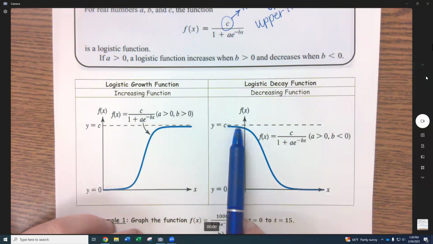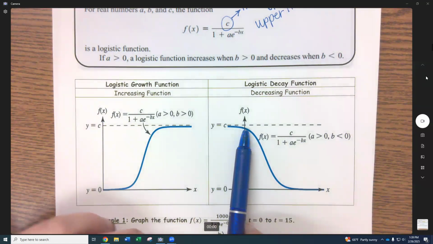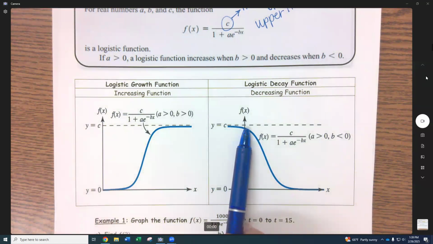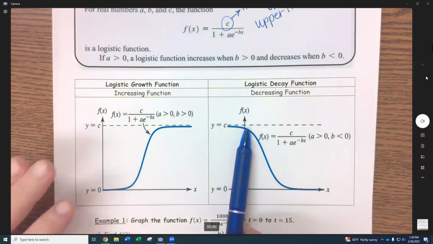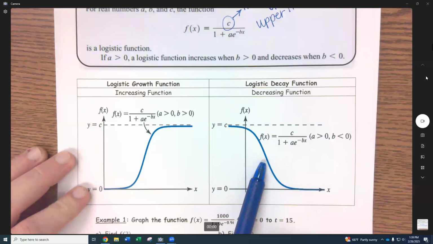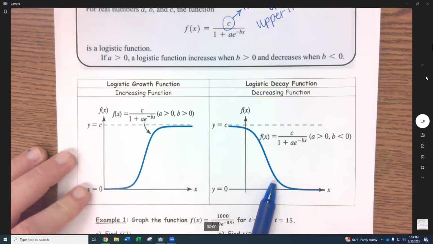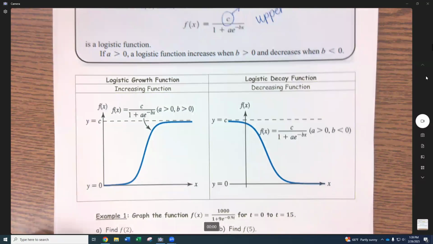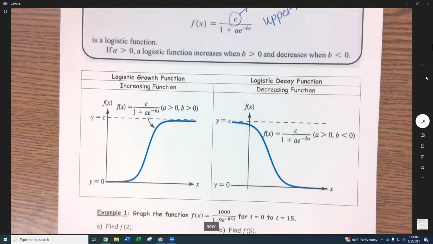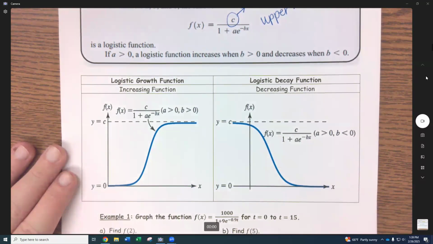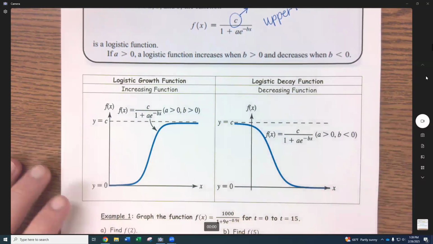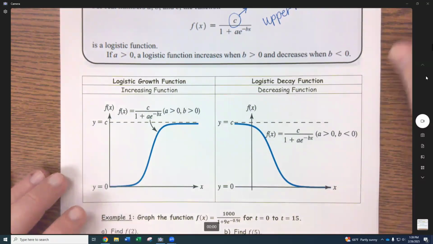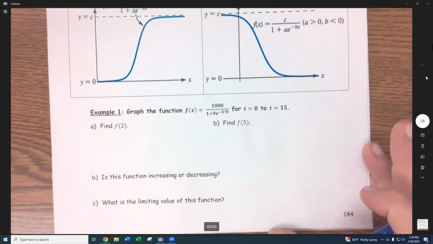It's going to eat 1, it's going to eat 2, it's going to eat 3. As those lions are populating and making more lions that need to eat, that antelope population is going to dip down, but it will not hit 0. So that's the basis of your logistic functions, growth and decay. These are very applicable functions.